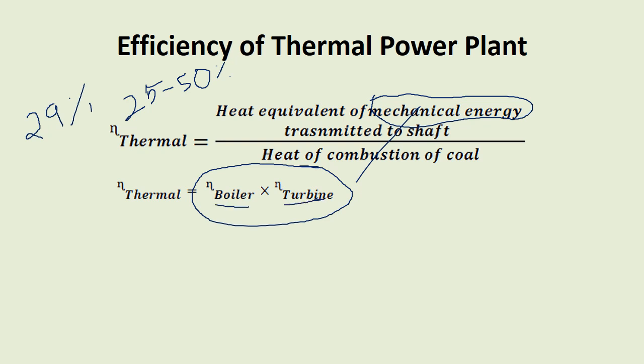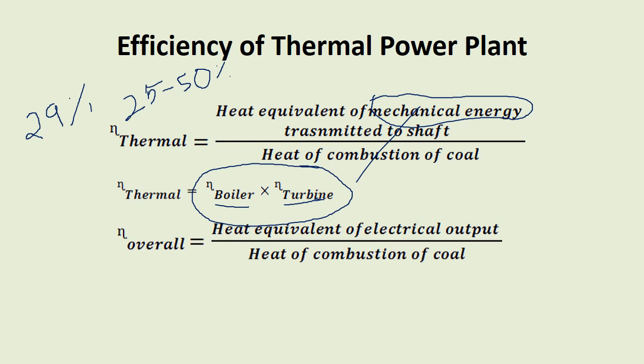It does not include the electrical side or the generator efficiency. If you include the generator efficiency, you need to take the electrical output and divide it by the amount of coal, and both must be in terms of heat.